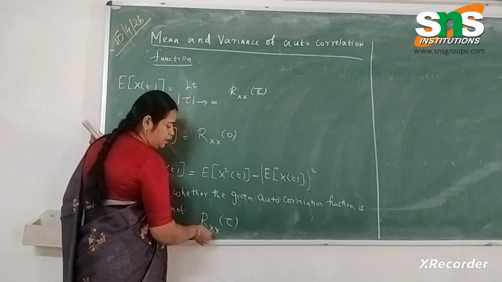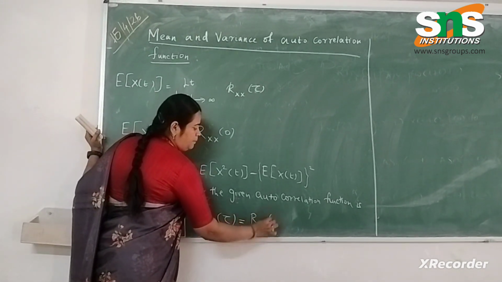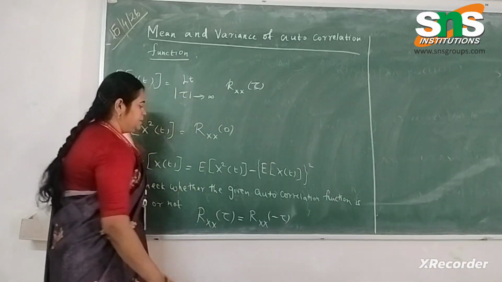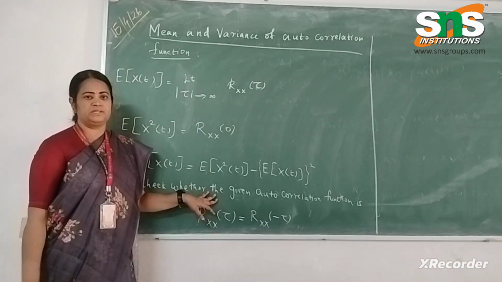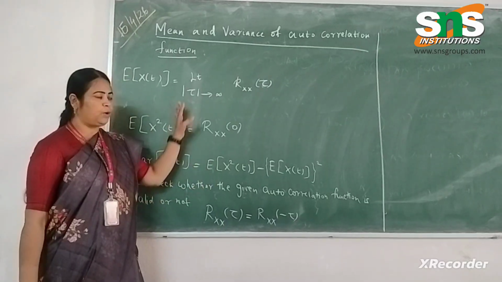Suppose our r xx of tau is equal to r xx of minus tau, then we can say that the given autocorrelation function is valid, otherwise it is not valid. So let us see some problems in this.